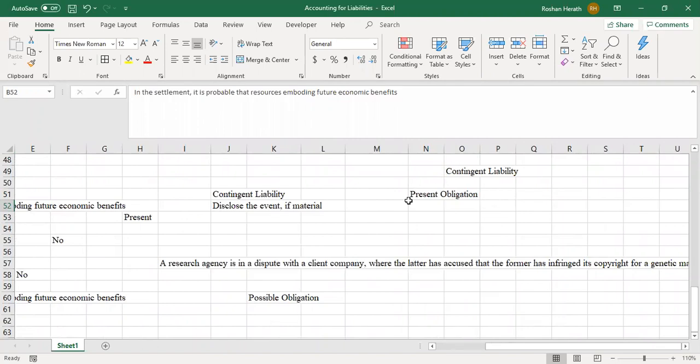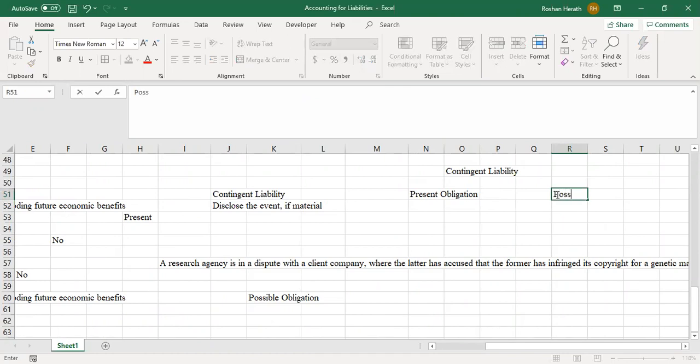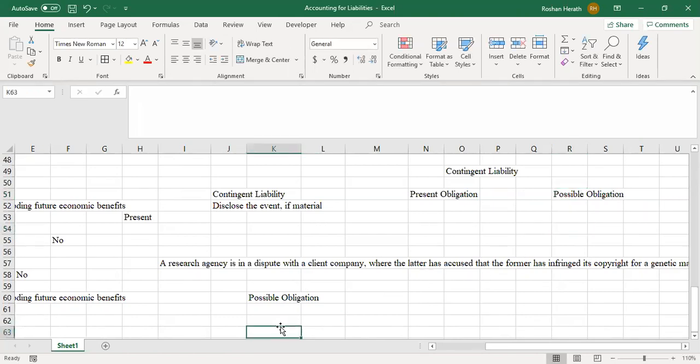It's a contingent liability. Here what you have is a possible obligation. If it is a possible obligation, the obligation may come into existence as a matter of future events that are beyond the control of the entity.